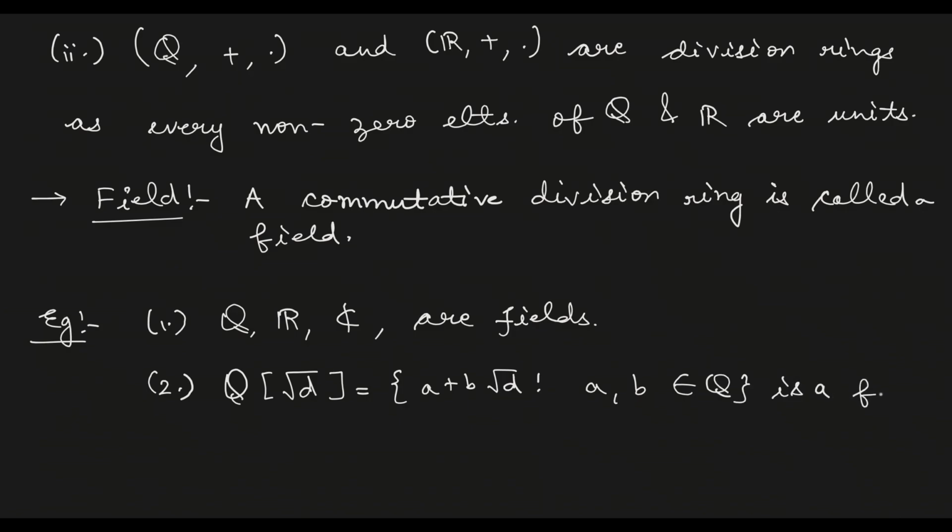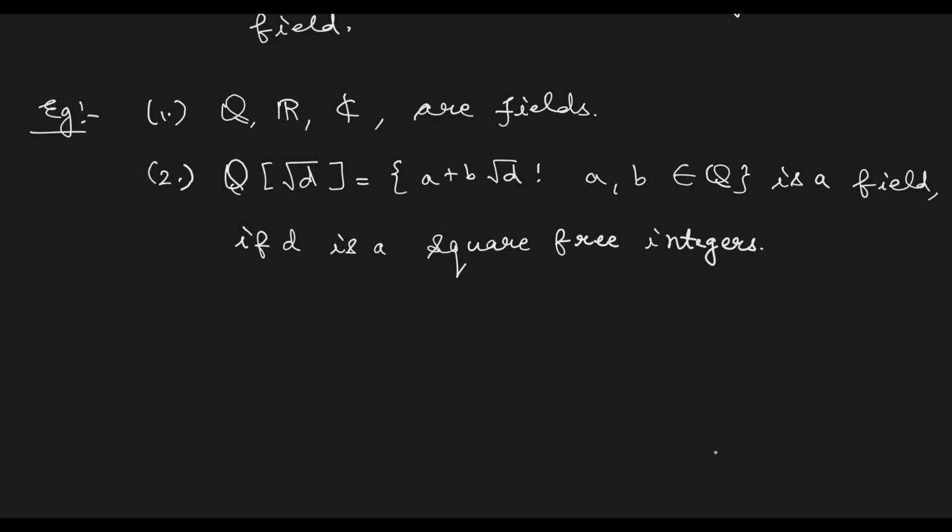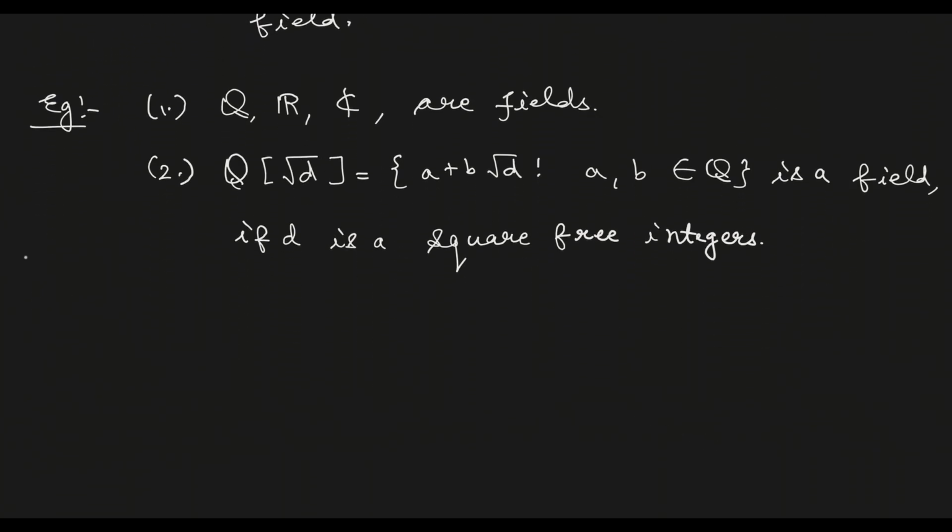This is a field if D is a square free integer. Square free integers means a perfect square cannot divide it, √4, √16, √25 cannot come in this.